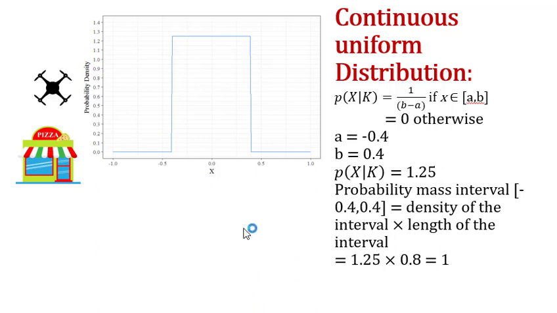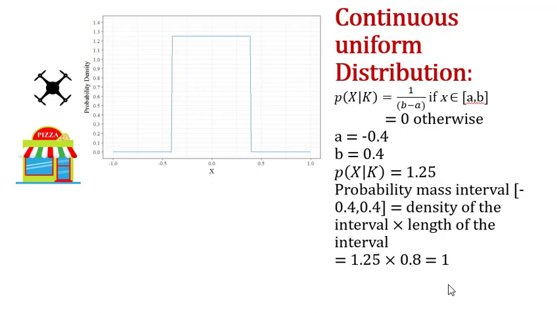So the density is 1.25 and the length is 0.8. 1.25 times 0.8 equals 1. So it integrates to 1. This is a way of showing that it integrates to 1 without using calculus. And obviously it's very easy in the continuous uniform distribution, but it's not so easy in other distributions.